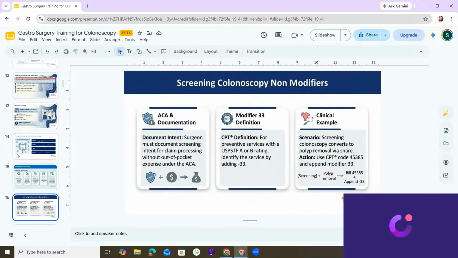Clinical example scenario: screening colonoscopy converted to polyps removed via the snare technique. Use CPT 45385 and append the modifier 33 for screening and polyps removed. Bill 45385 plus modifier 33.